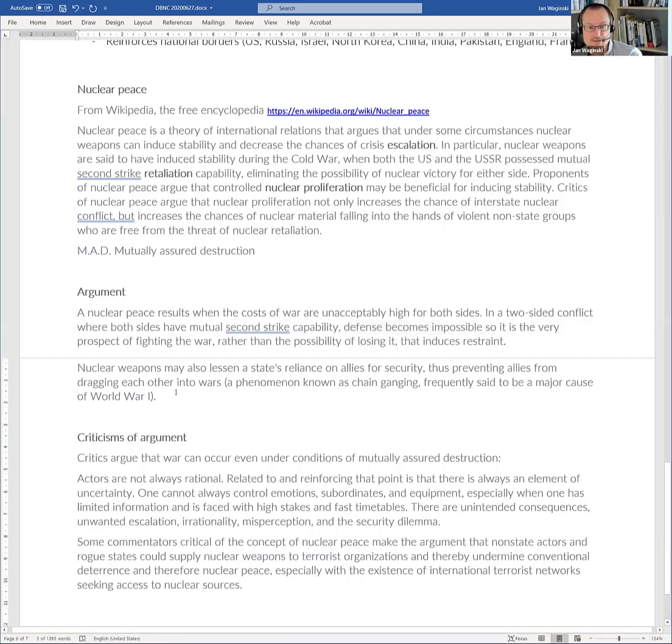And then the second argument, it's not frequently mentioned, but countries that have nuclear weapons feel very secure and they don't need to be sucked into battles with allies, for example. They don't need to depend on other countries for their security. So let's say we have an alliance of mutual protection, and if you get drawn into a conflict, then because we have an alliance, I have to fight alongside you.